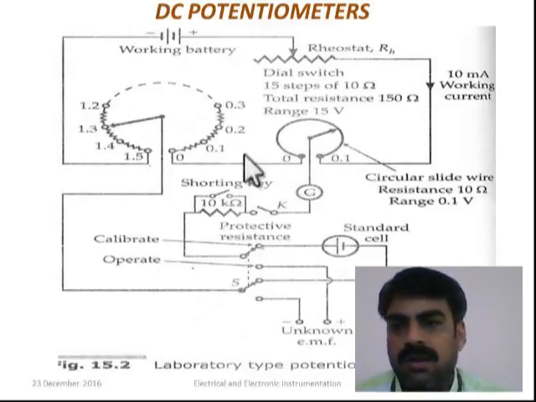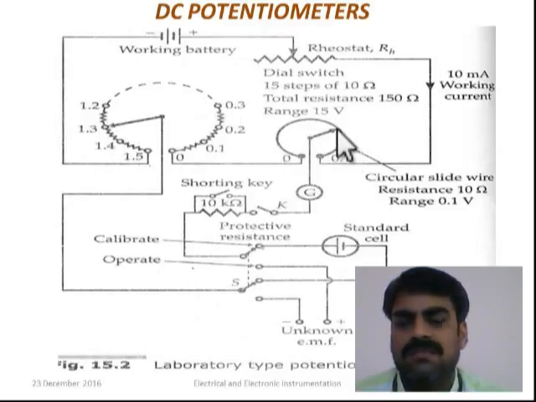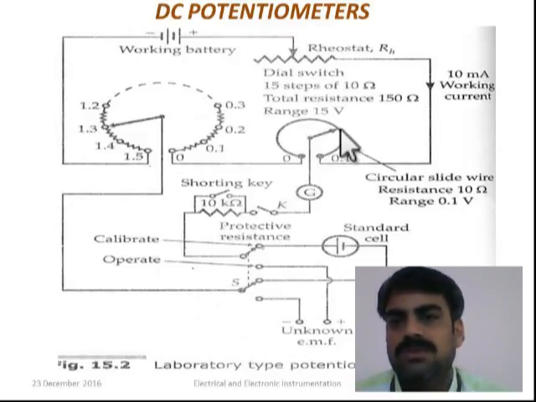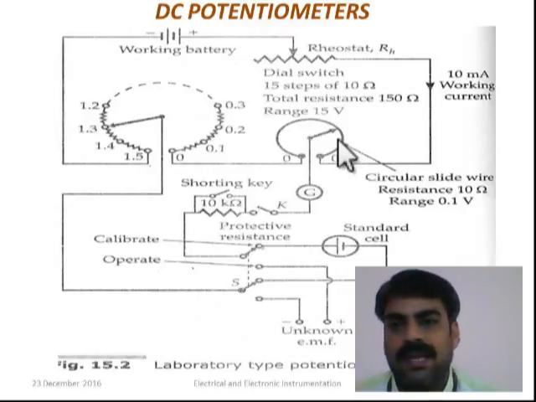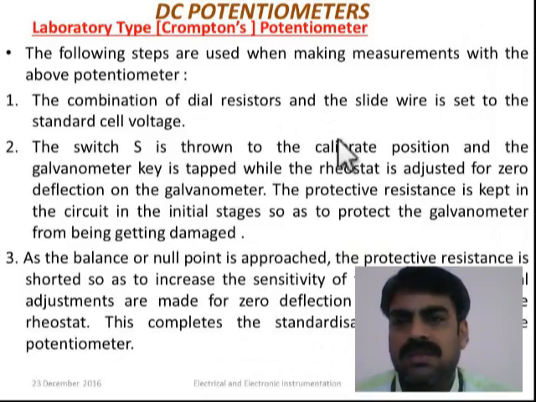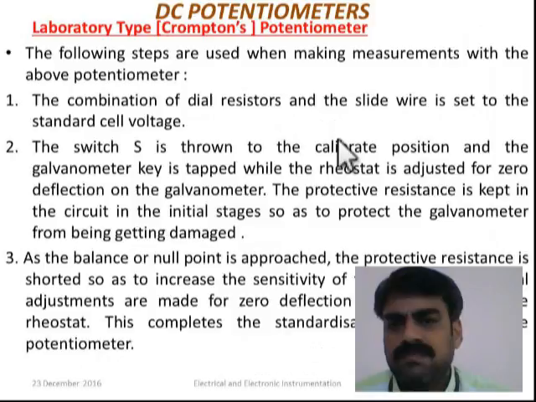According to this position of the slide wire, approximately one can understand that this is 1.3 volt plus 0.1. Here, if we assume it is around 0.06, together it is 1.36 volt according to the position shown in the diagram. This is how we can measure the magnitude of EMF which is connected either at operate mode or calibrate mode.